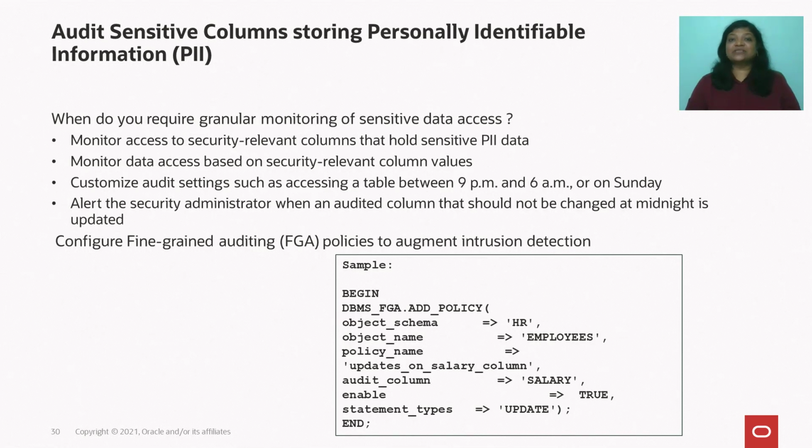If there is a requirement to do granular monitoring of sensitive data access, such as in the following scenarios, you might want to consider fine-grained audit policies to augment your intrusion detection.